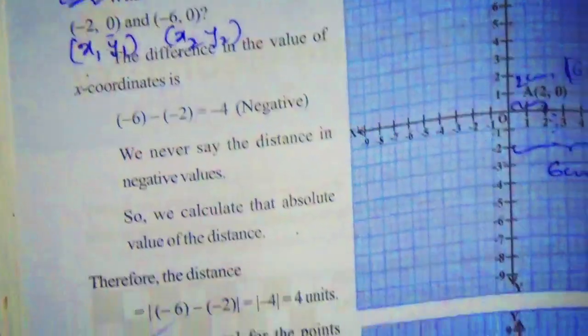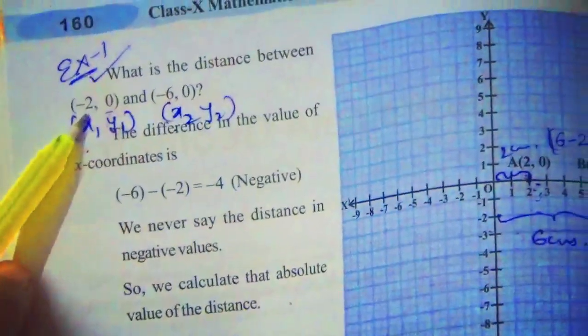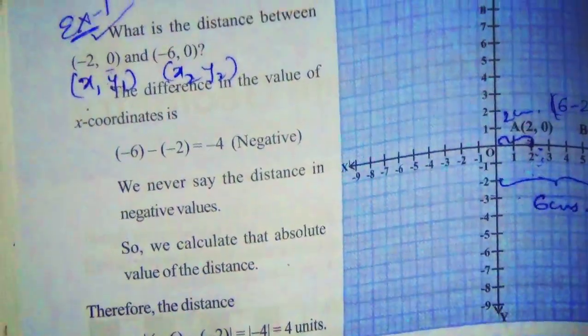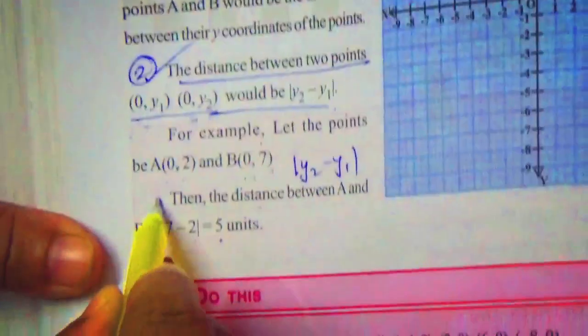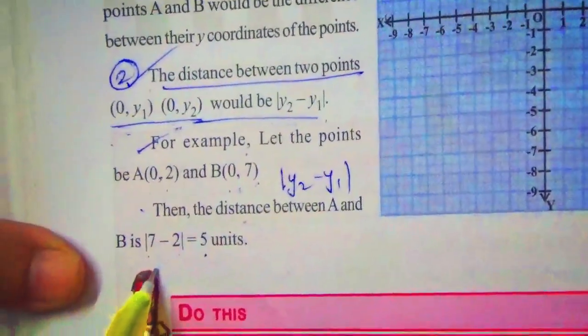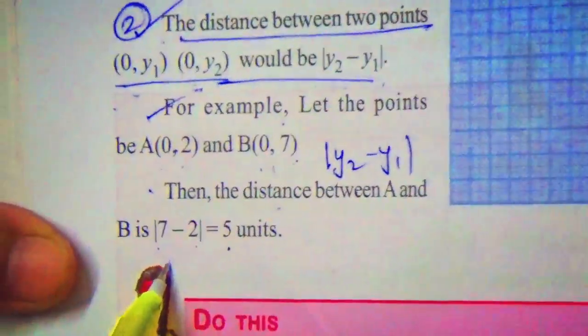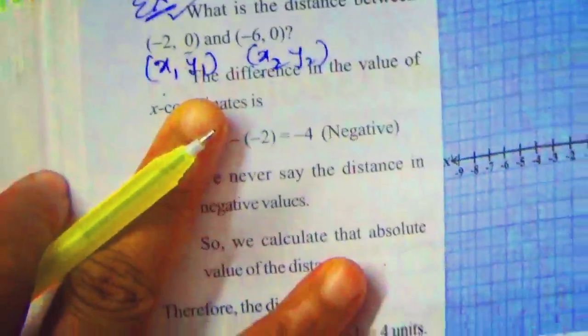Then for the first point you just write this example, and for the second point you just write this example and solve these two. After completion of these 2 explanations, you just write this.